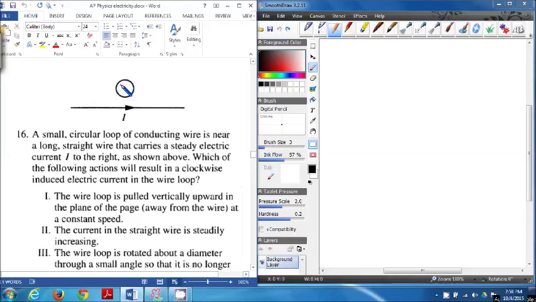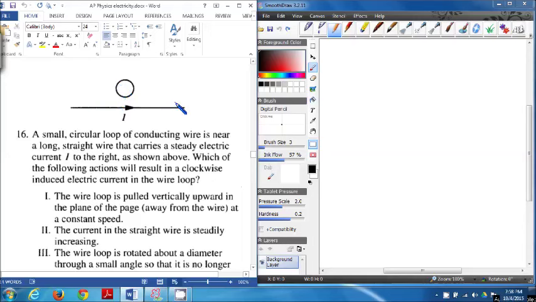So if the magnetic field coming out of the plane is increasing, the clockwise current will produce a magnetic field in the opposite direction to cancel the increasing magnetic flux. So the magnetic flux coming out of the plane will increase if the current in the wire increases.